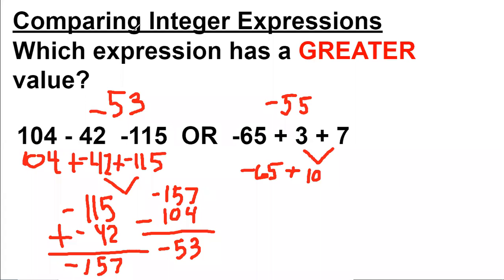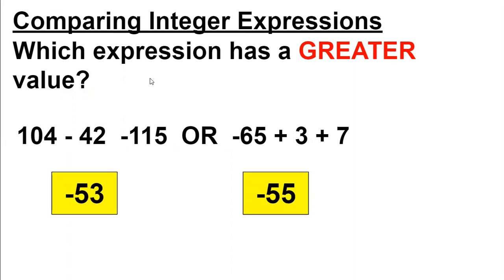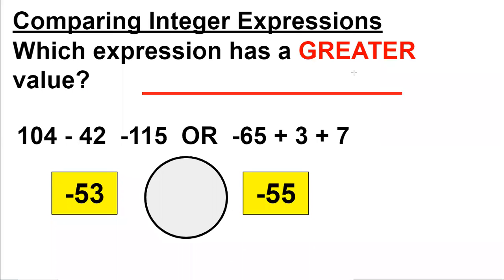Let's clear that. And let's put that up here. Negative 55 and negative 53. Remember, Pac-Man is going to eat the bigger number. Let's draw our number line. Put 0 here. Which one's going to come first? Negative 53 or negative 55?